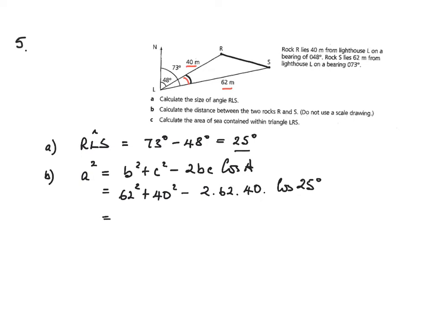So that equals 5444, and that's minus 4960 cos of 25. Now remember, when you're putting this into the calculator, this part must all go together.